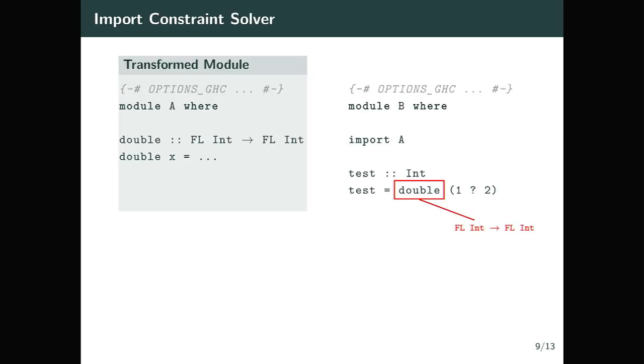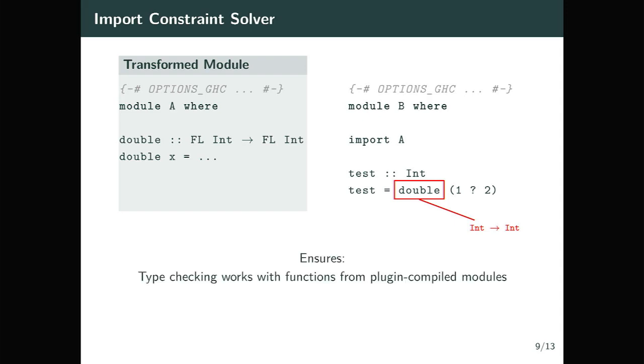And basically what this plugin does is it tells GHC, hey, type check this with the following type, because we know it's a function from the transformed module, and after that everything works as expected and totally fine. So this constraint solver plugin ensures that type checking works for functions which come from imported modules that have been compiled with our plugin.